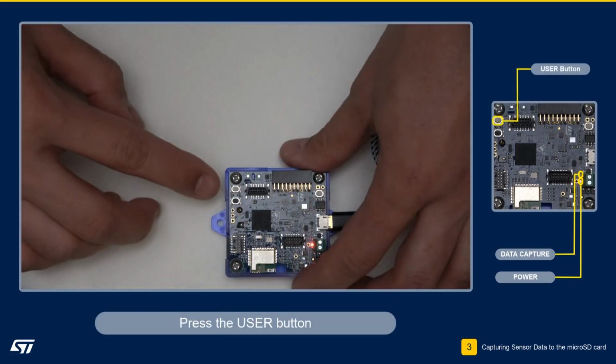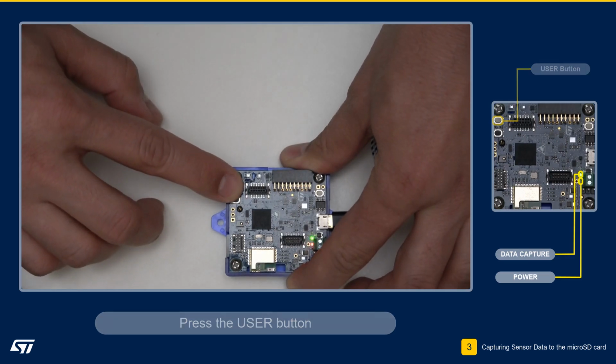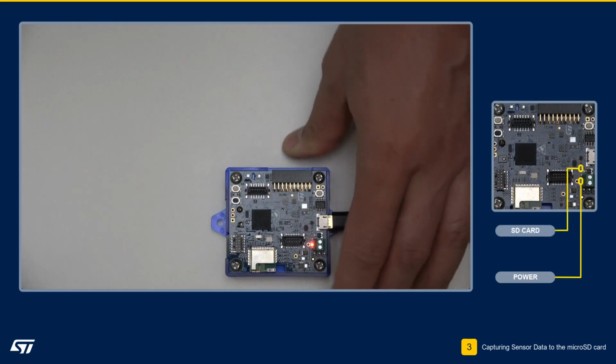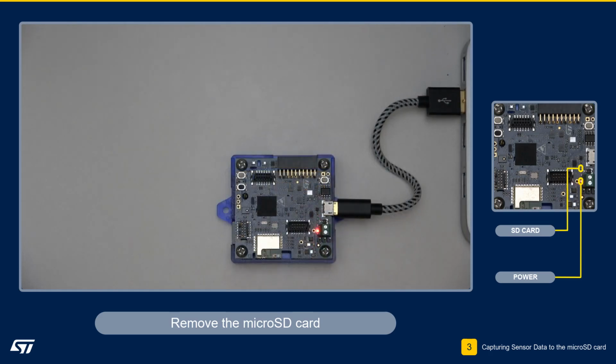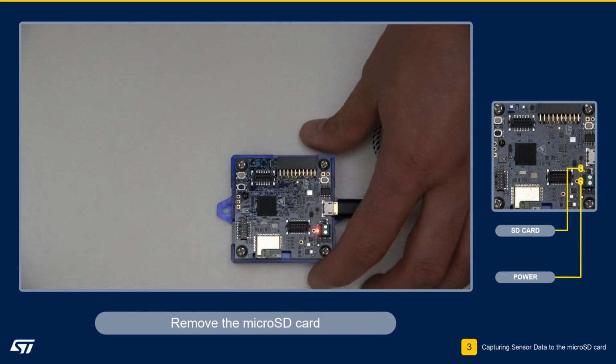Press the user button to stop the capture. Remove the microSD card from the STWIN by pressing into the card to release it from the slot.